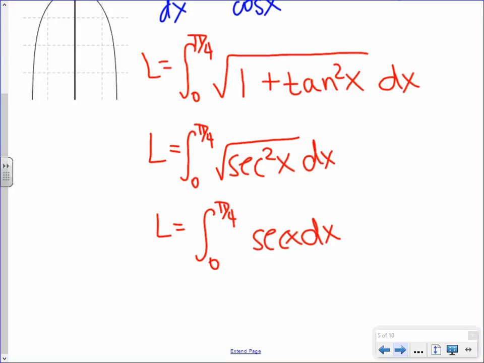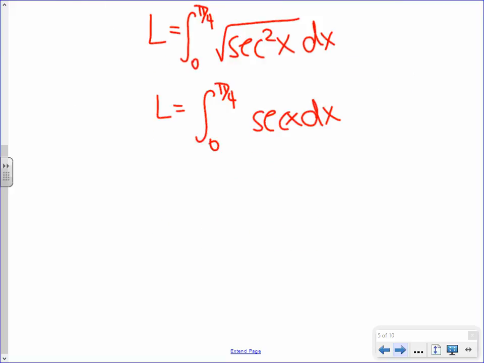What is the antiderivative of secant x? Secant of x plus tangent of x plus c. There it is.